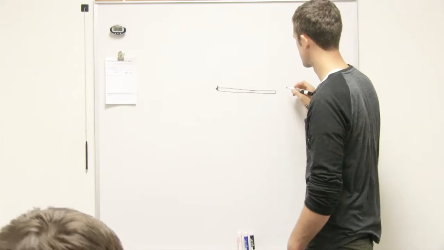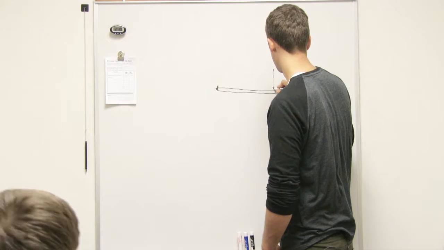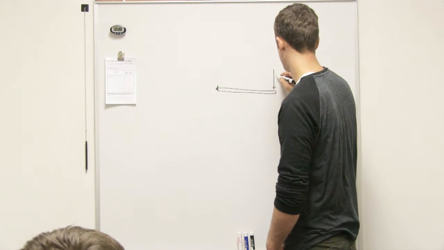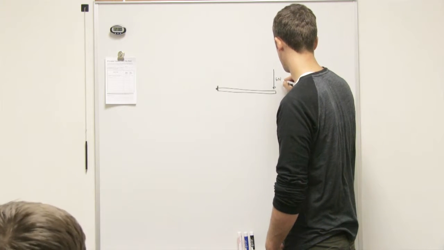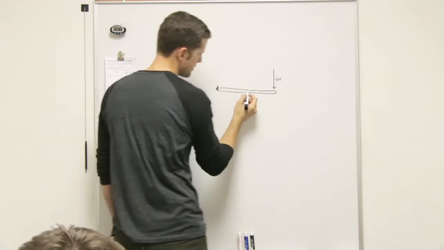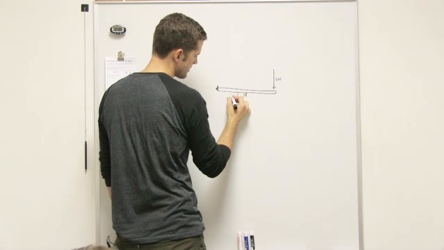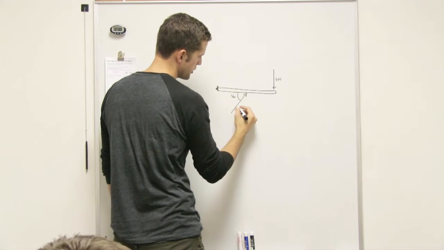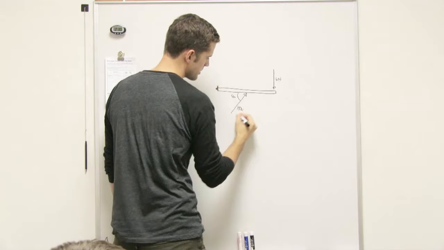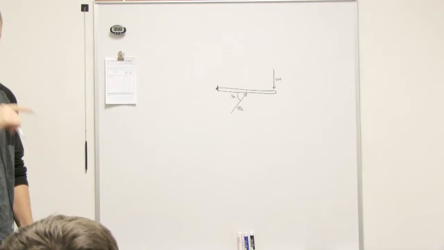So let's say somebody is pushing on this door this way with, say, 6 newtons worth of force. Somebody else is pushing on it. They're kind of coming at an angle. This is 40 degrees. And they're pushing at 15 newtons. Which way is the door ultimately going to swing?